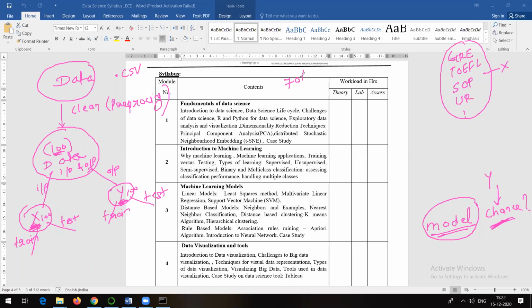Generally, 70% of the data we take as training and the remaining 30% as testing. But this is not hard and fast. It can be 85-15, 80-20, or 75-25 also. It all depends on the data. So we will take 70-30 for example.